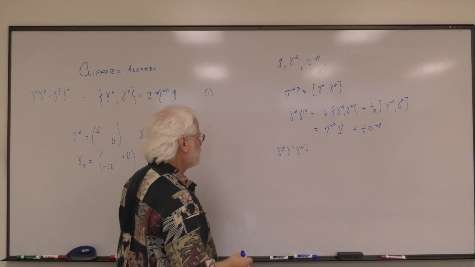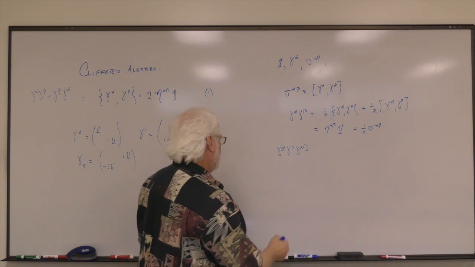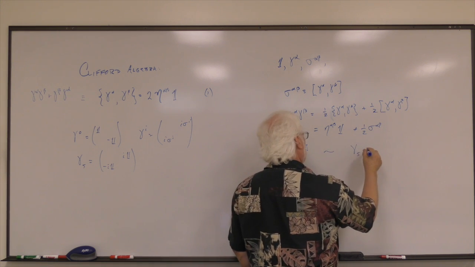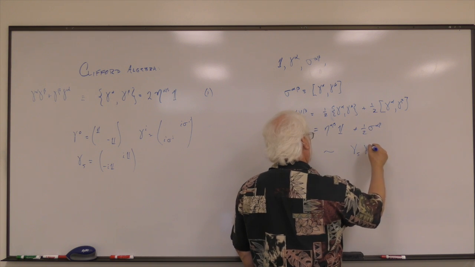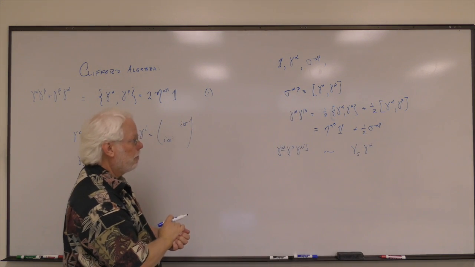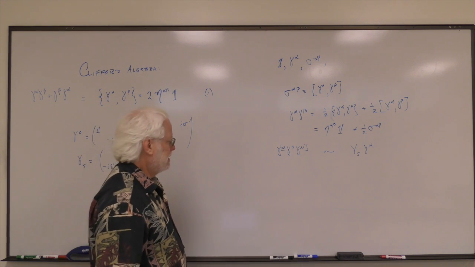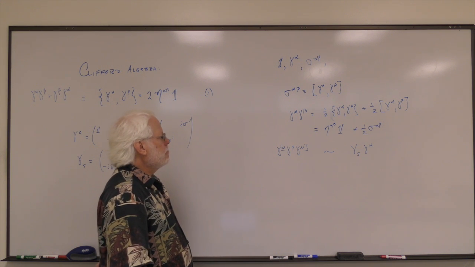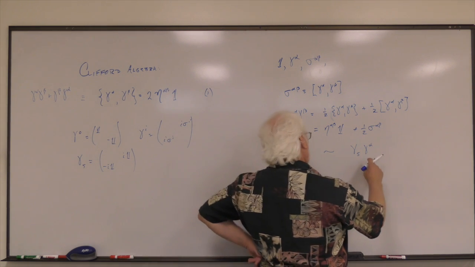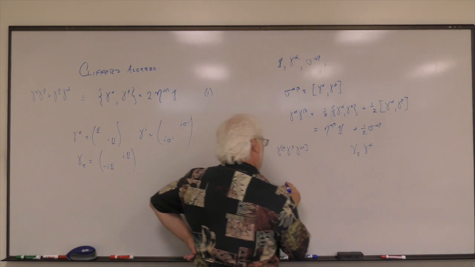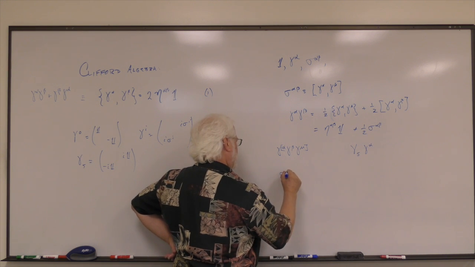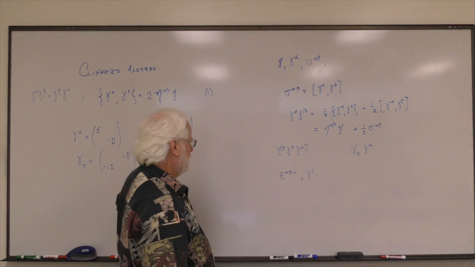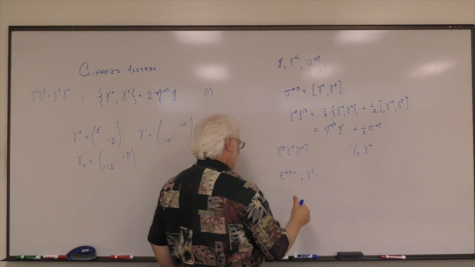Now, what I want to do is argue that this is very similar, in fact, similar enough to gamma 5 times gamma alpha. Now, how do we see that? Suppose I take epsilon alpha beta mu nu gamma nu. Then that's some anti-symmetric thing.